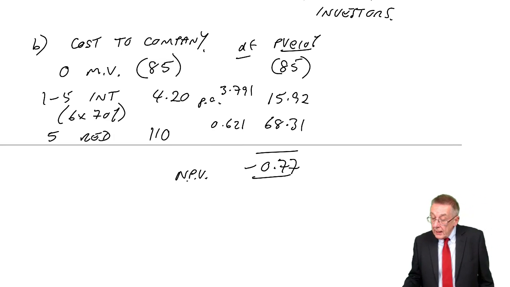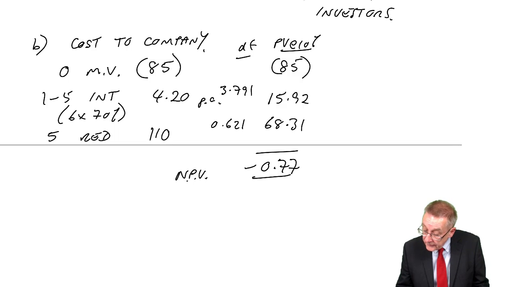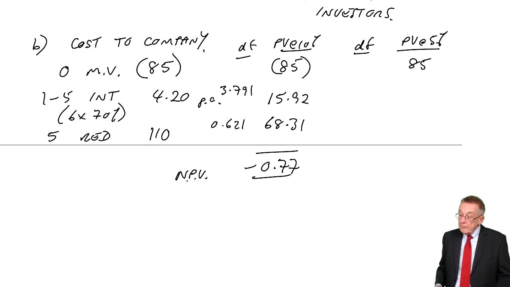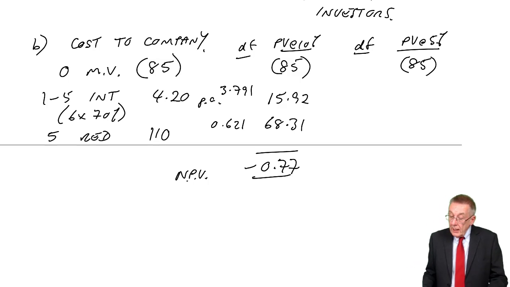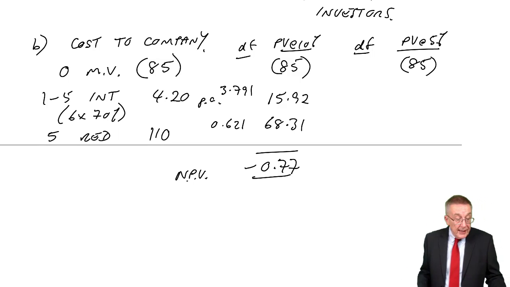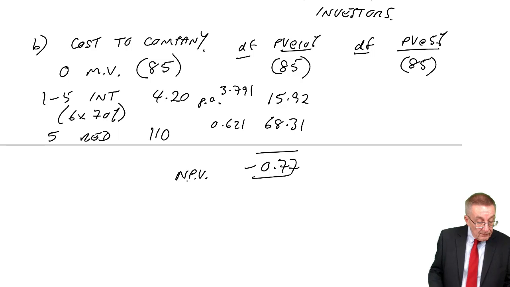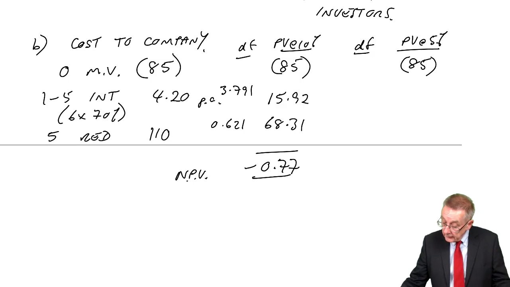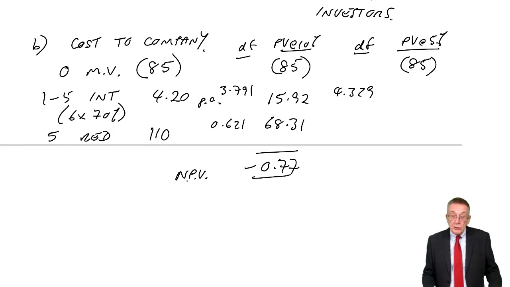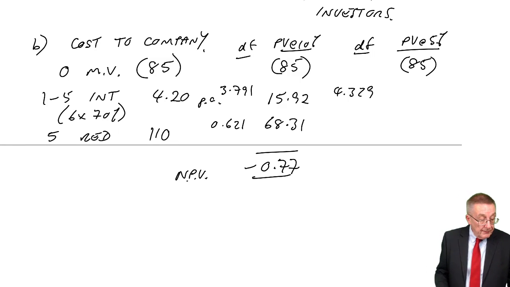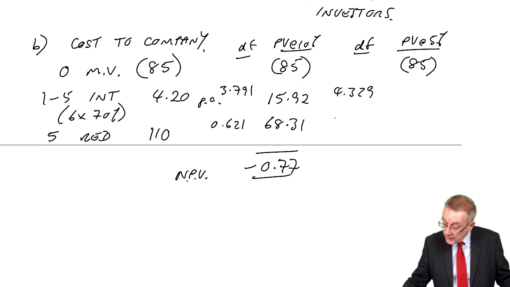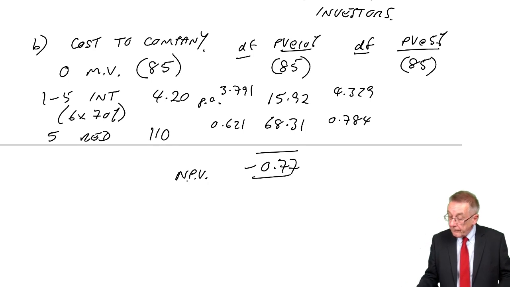And so I'll do a second guess at 5%. 85 is 85. 5 years at 5%, the annuity factor is 4.329. And the ordinary present value factor for 5 years at 5% is 0.784.